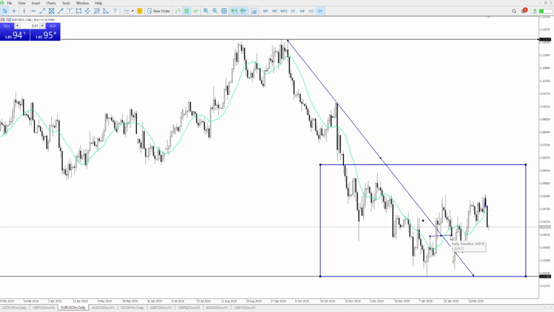Here we have a higher low at this point, and we're also leading to the breakout.